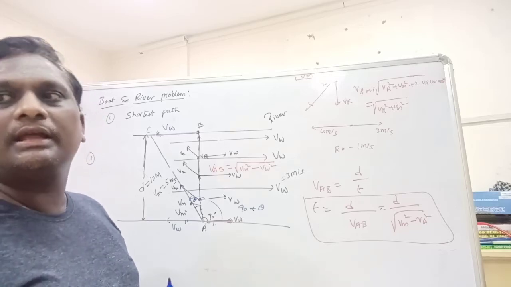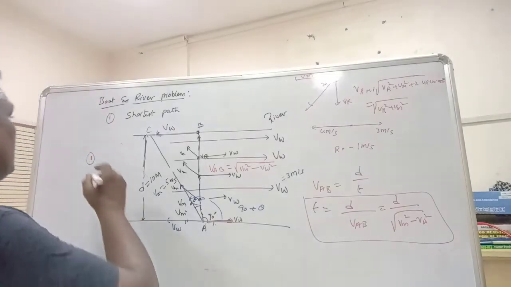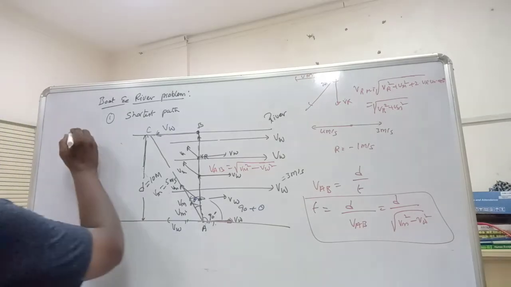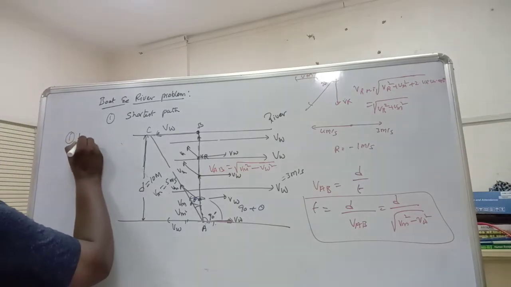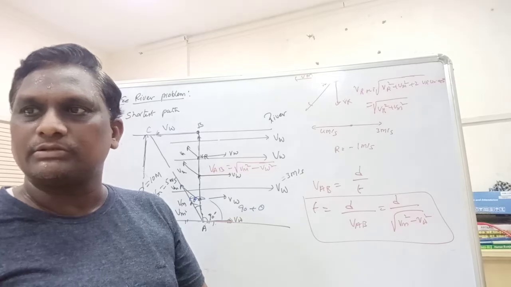Then find the time taken by the man to reach the opposite bank. That is the first question.